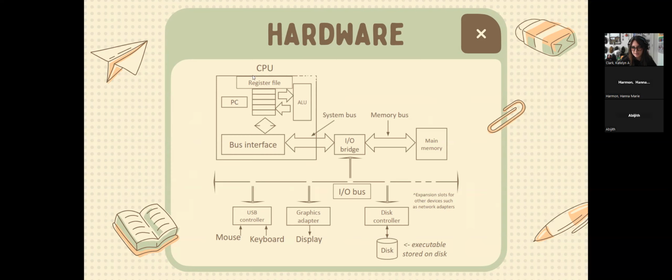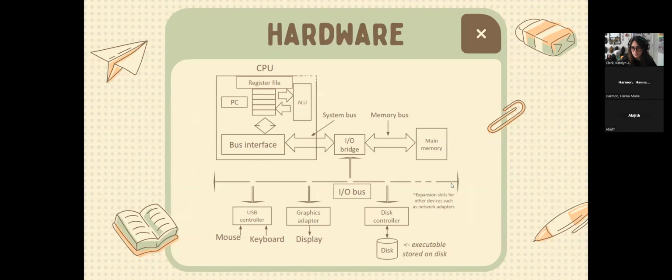So this big box here is the CPU, and it holds all of your register files. So that thing I was talking about earlier that stores data that you can access in assembly, register files, your PC, your program counter, the ALU, the interface that then goes to the I/O bridge. Your main memory is connected through the I/O bridge.